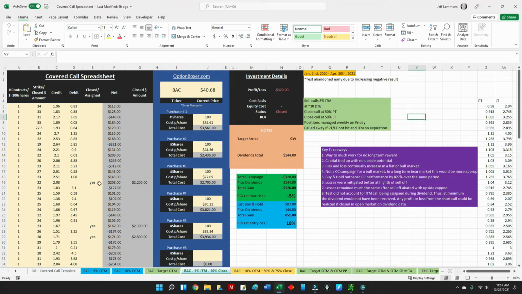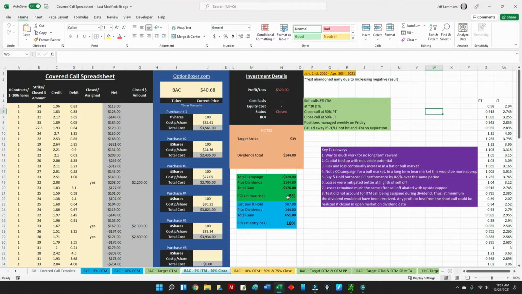And the only way I let shares get assigned or called away is if the profit target or loss target wasn't hit throughout the life of the contract, and it was in the money at expiration. So again, I was looking at a 50% profit target or a 50% loss target. And you can see I've got those calculated here just so I knew what to put over in this area.